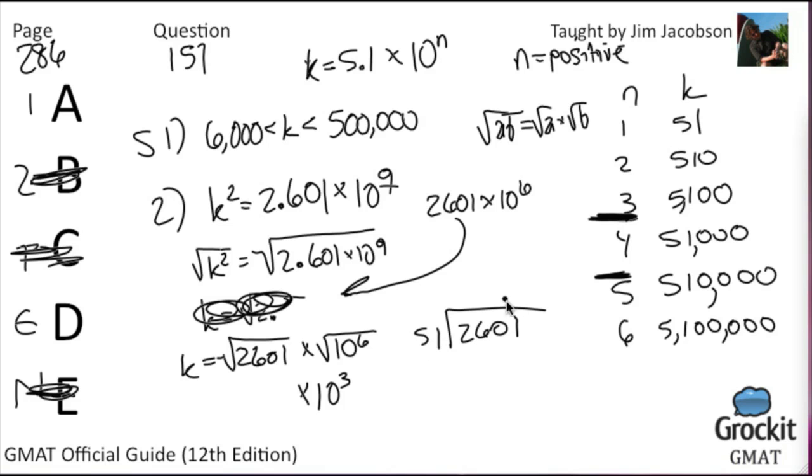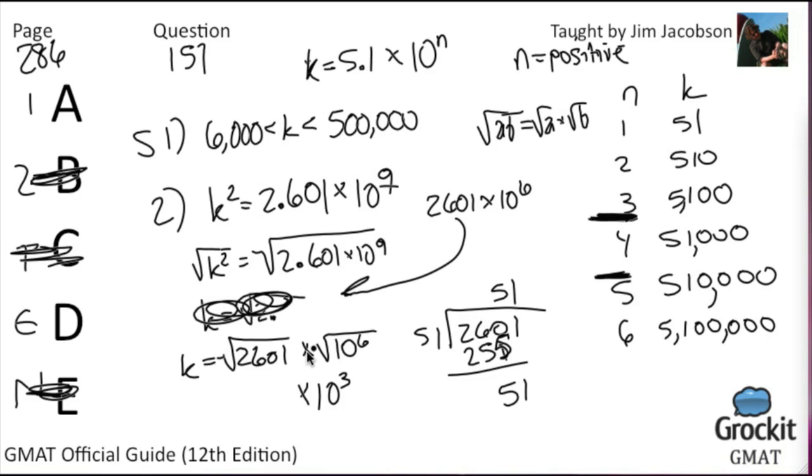If it's not, then it's not. I mean, it should be, but we'll see. So, 51 goes into 260 5 times. That ends up being 251. 255. No wonder that's wrong. Okay, so then it ends up being 51.